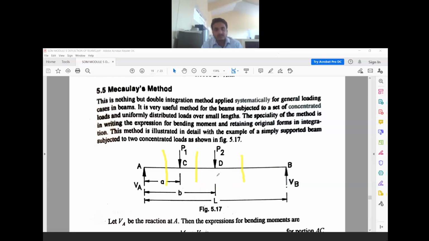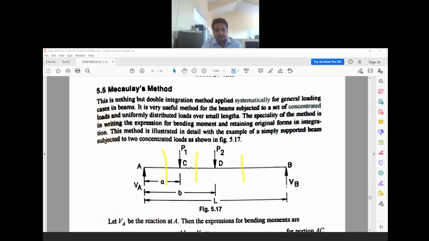So we will have three different moment equations according to the moment calculation. So in Macaulay's method, there is one generalized equation which we can get and follow and substitute in the double integration method.